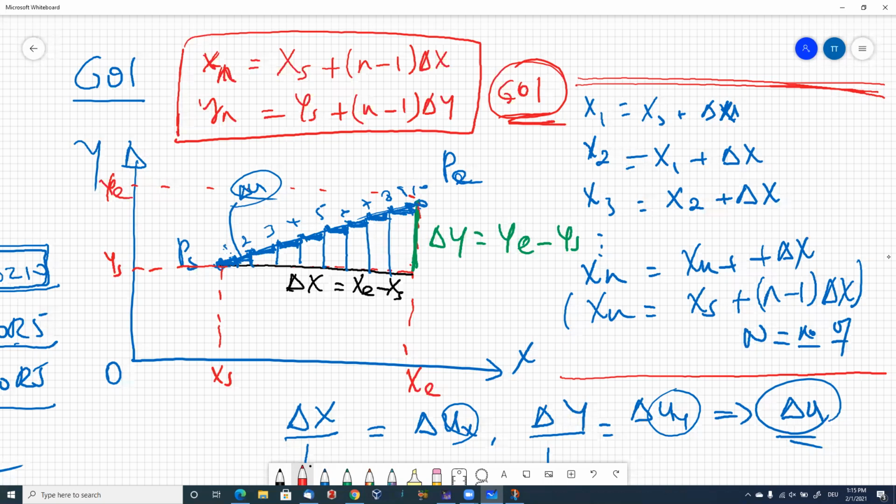So what does this mean? This means the machine will start here, move here, move here, move here, move here, move here, move here, move here, and then finally here.